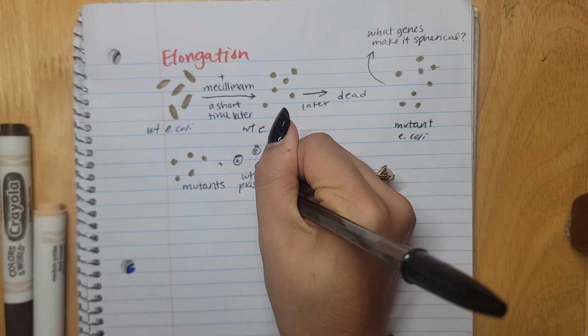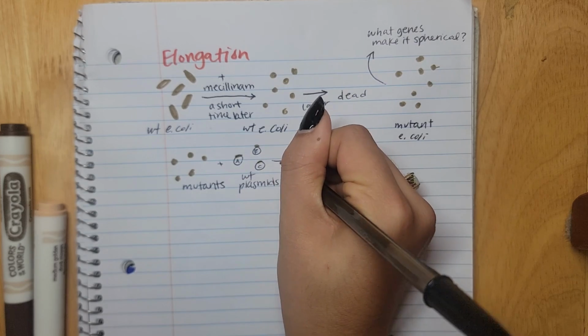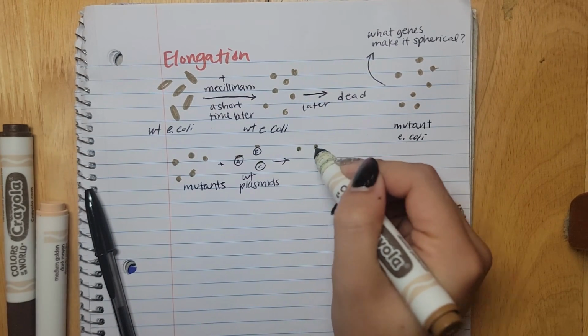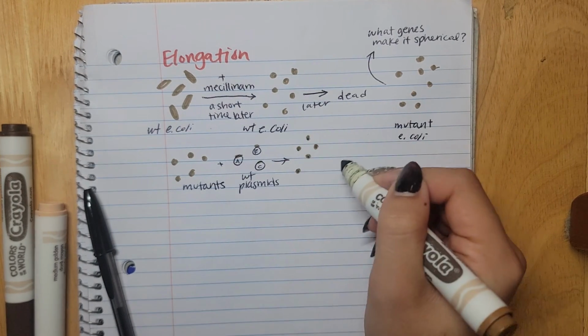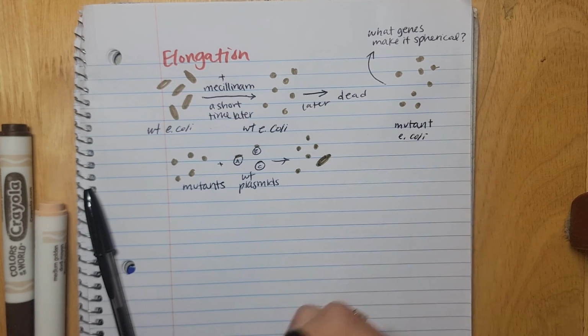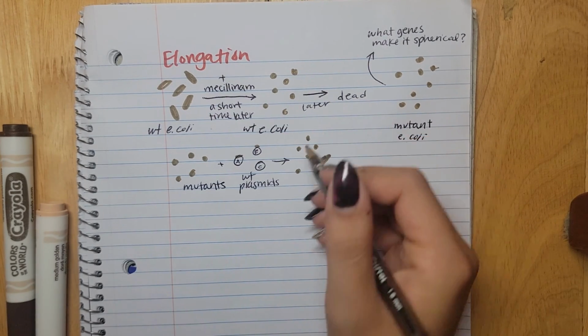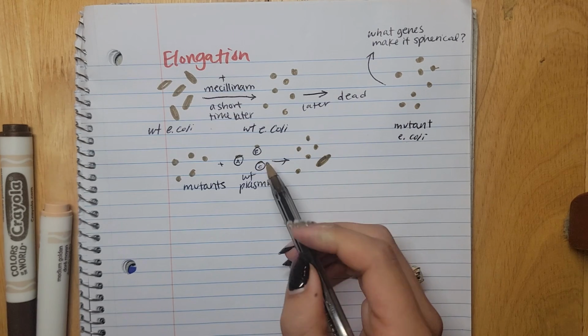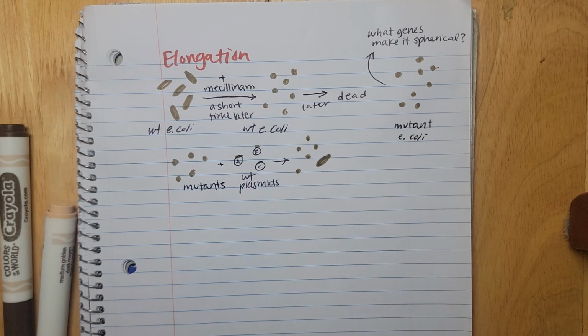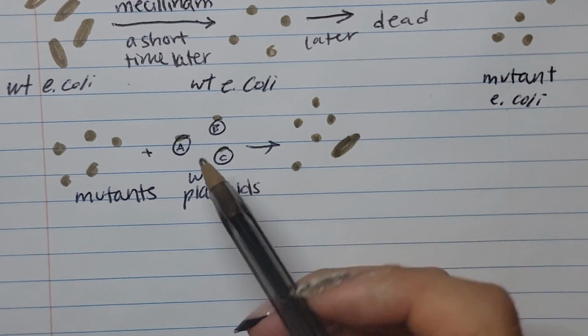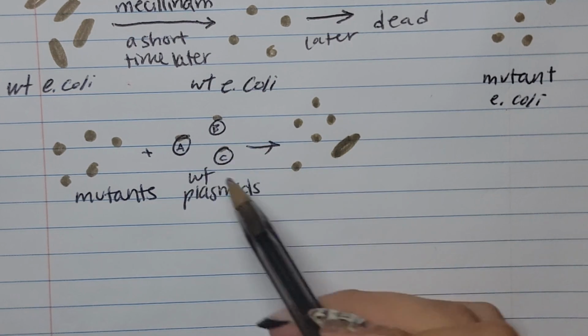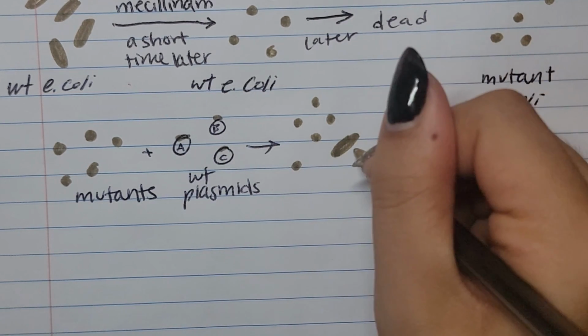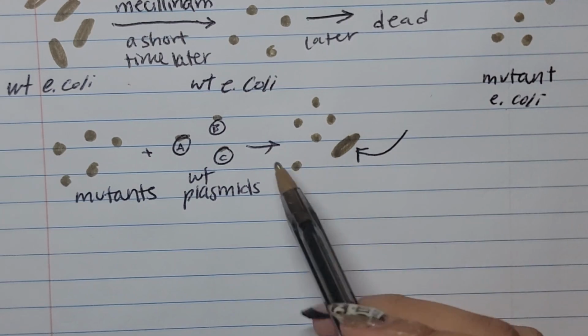And eventually, maybe most of them didn't work. Maybe most of these different plasmids that we tried didn't work. But eventually we restored the wild type phenotype. So we could see, maybe that was from plasmid C. We could see what genes on this plasmid were responsible for the elongated phenotype.